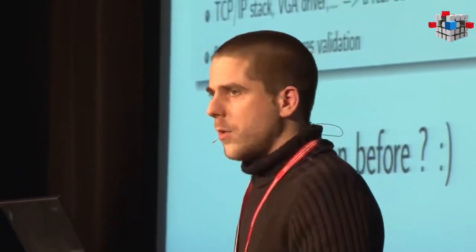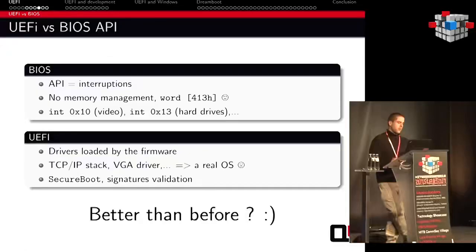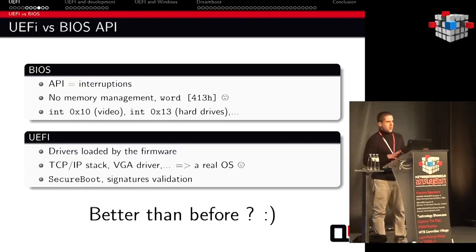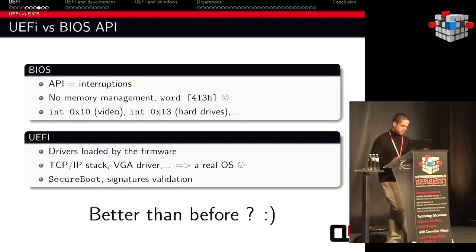So on BIOS, we had interrupts before. If you remember the classical interrupts, 10 for video, 13 for hard drives, and so on. There was no memory management. If you want to tell the BIOS you have allocated some memory, you need to declare a word at a fixed address, for example, and many things like that.